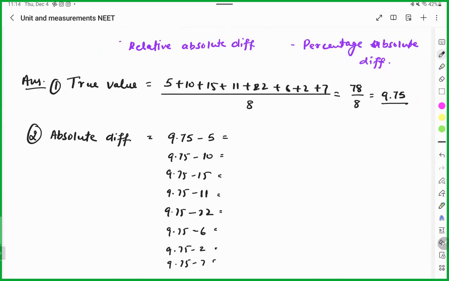You have to calculate this. So what is the value here?